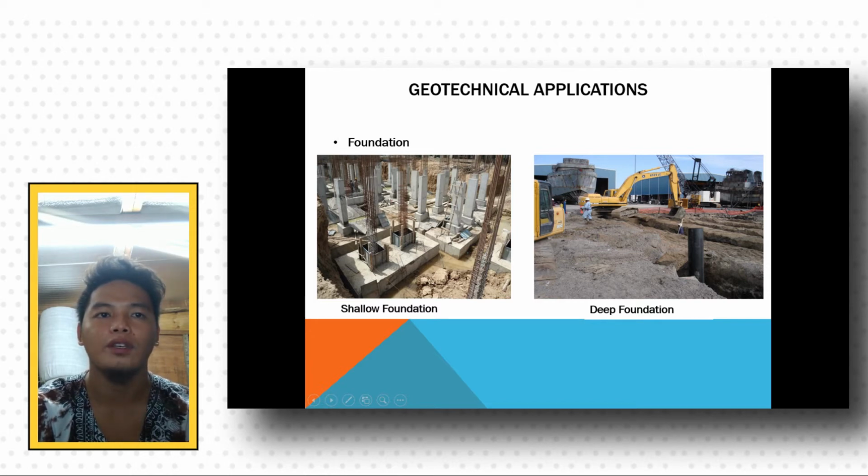Here's an example of the shallow foundation and the deep foundation. As you can see, there is a difference between the two. Actually, as I've researched, the shallow foundation is only about 1.5 meters deep, and the deep foundation is approximately 10 feet deep.